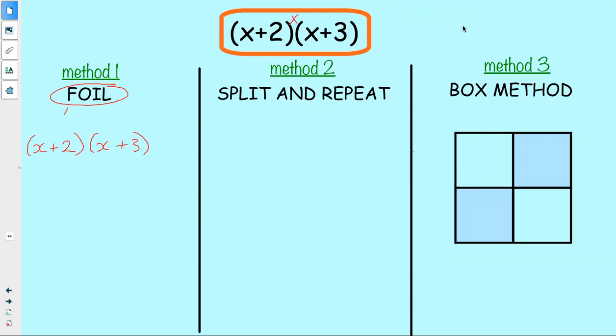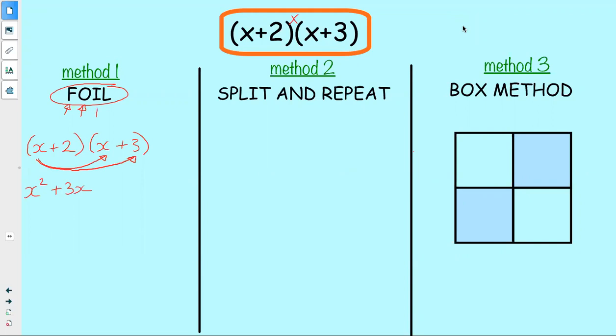So F stands for first, so your first term in the first bracket and the first term in the second bracket multiply together. So x multiplied by x is x squared. Your O is your outer terms, so the outside terms, so this x in this bracket and this 3 in this bracket multiply together. So x multiplied by 3 is 3x.